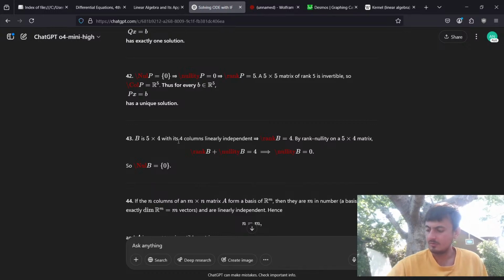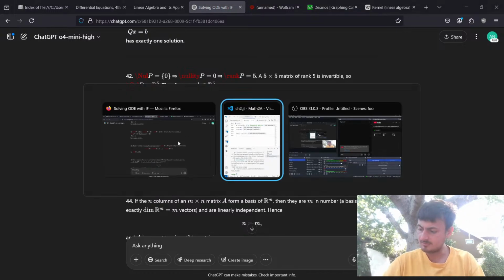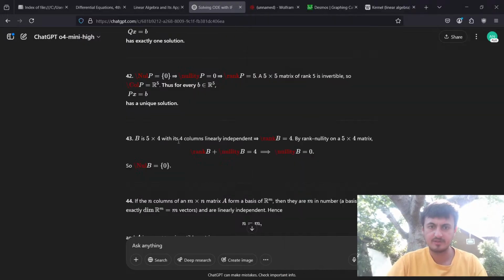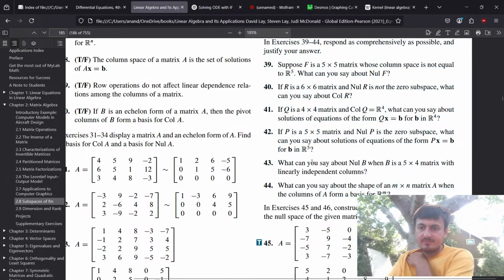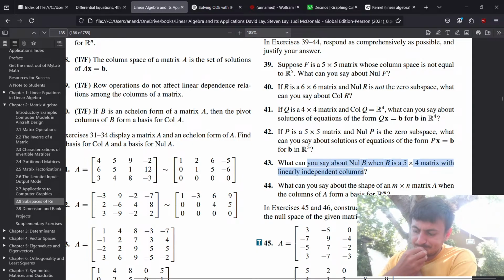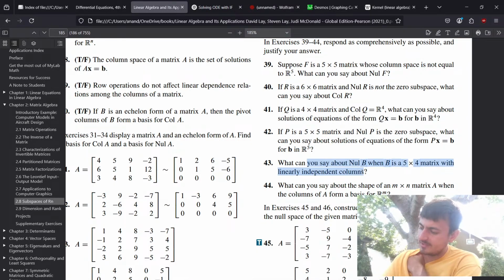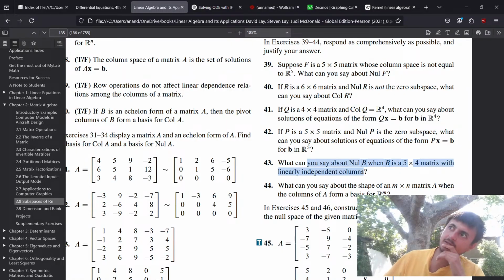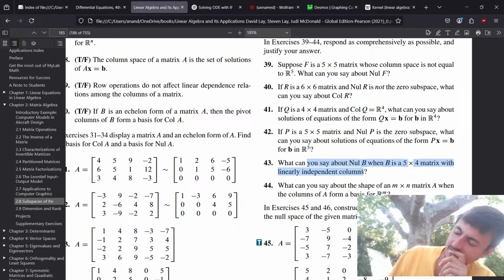All right. So what did I say for 43? I think I did it a little bit weird. 43 was, what can you say about null B? Oh, so I didn't say anything about null B. Okay, so the true thing is that for this one, null B is equal to the 0 vector.